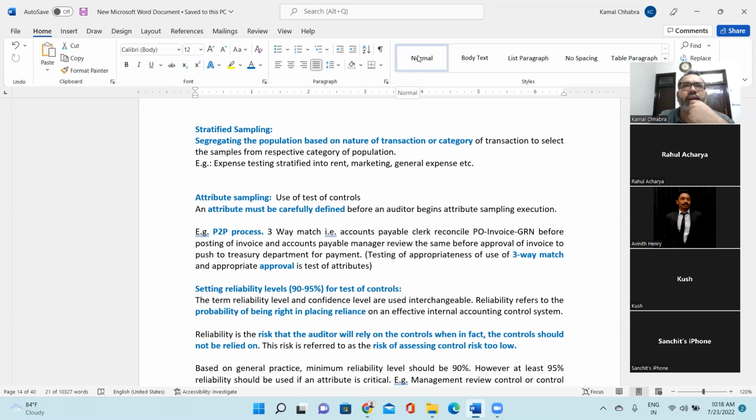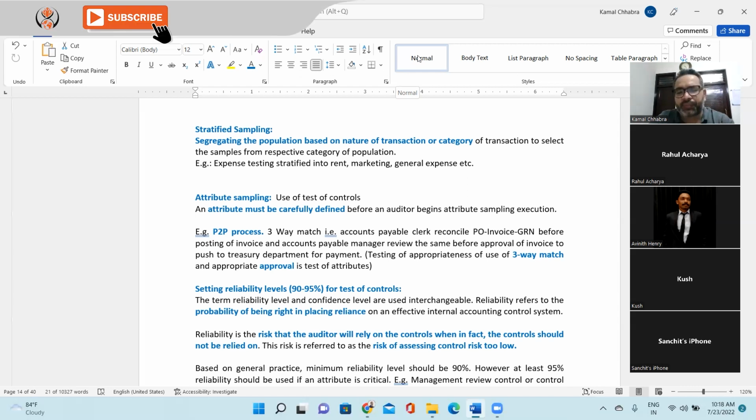In the same way, for any payment, the treasury manager would be authorized to approve any payment up to $5,000, or if any payment of more than $20,000 is to be processed, it requires finance controller approval. So these are attributes.